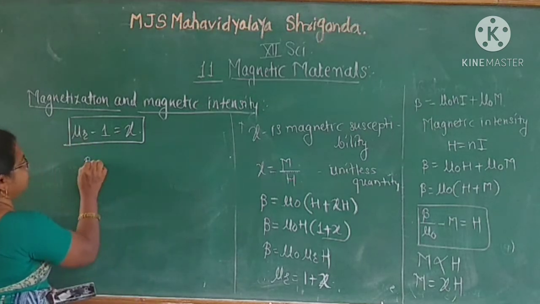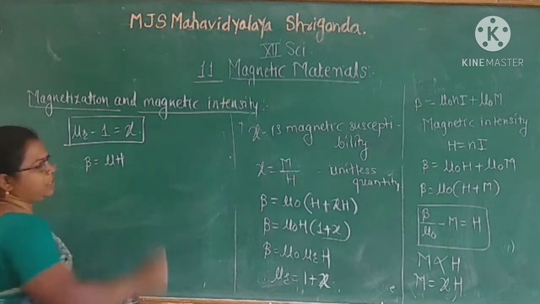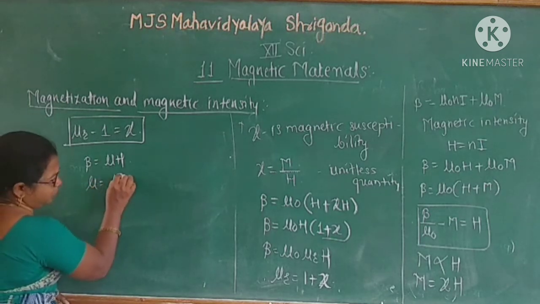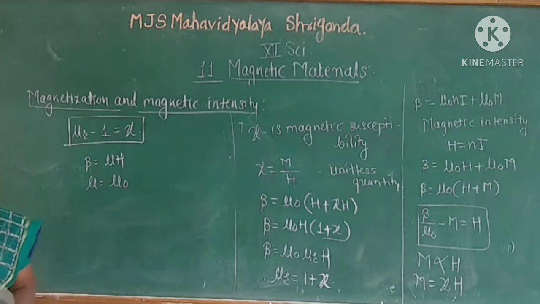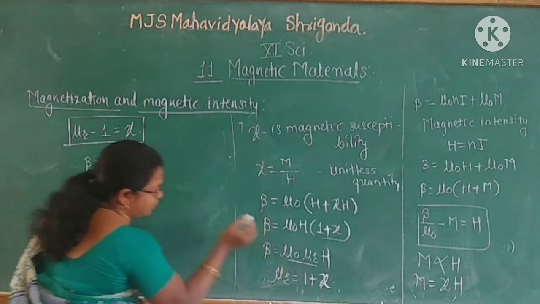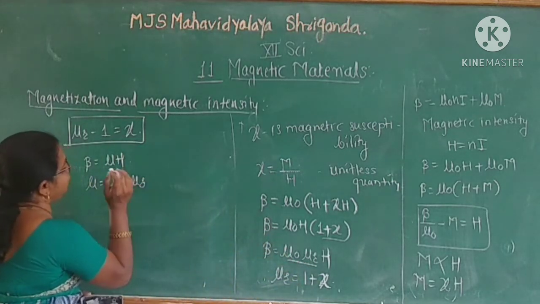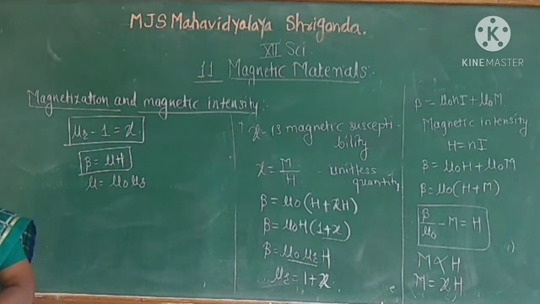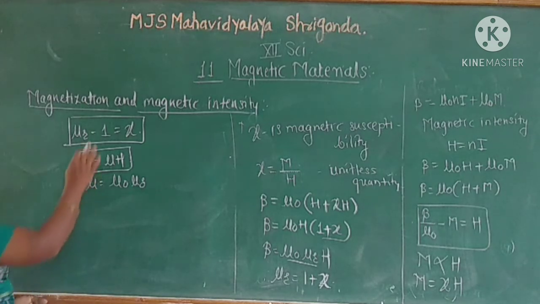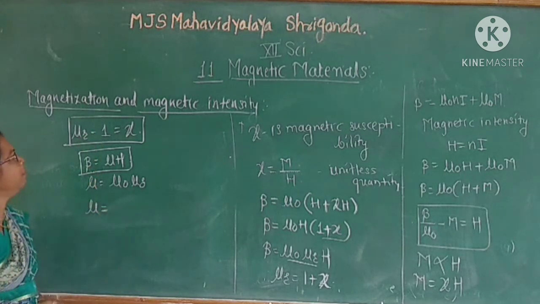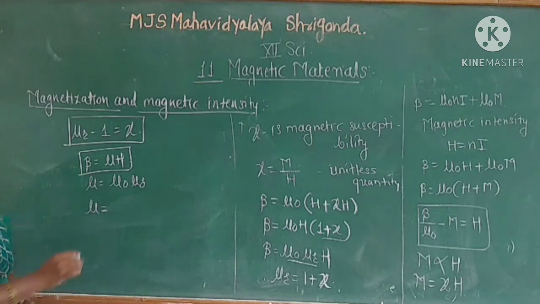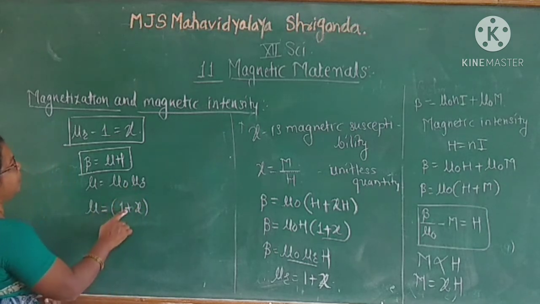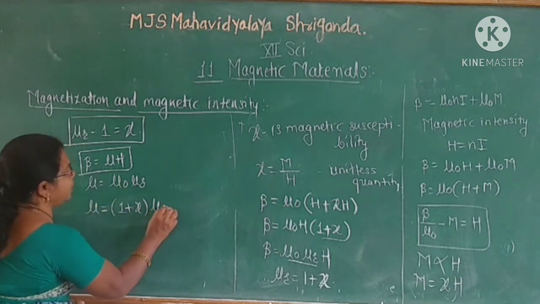B is equal to mu into H, where mu is equal to mu naught into mu r. Therefore mu is equal to 1 plus Xi into mu naught.